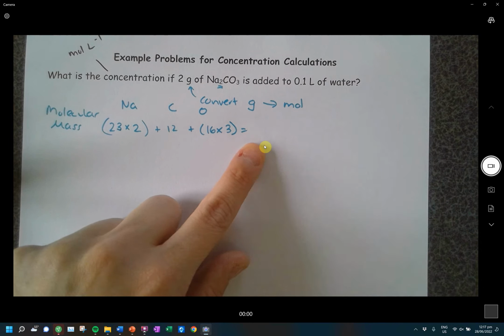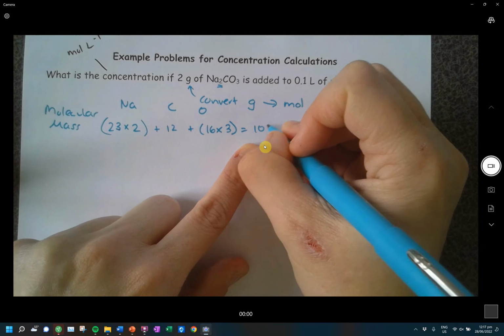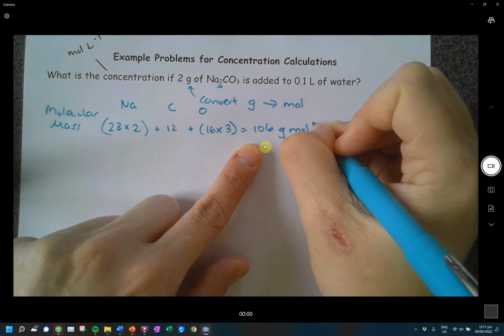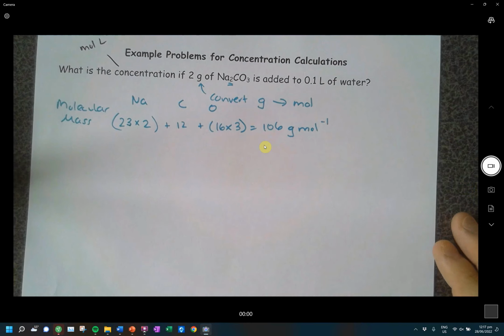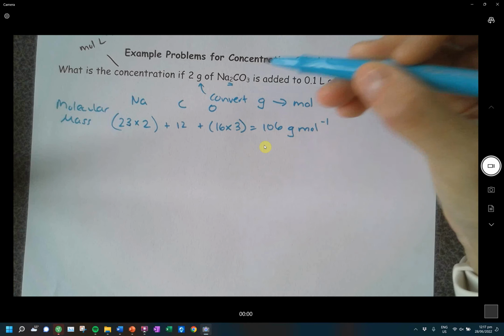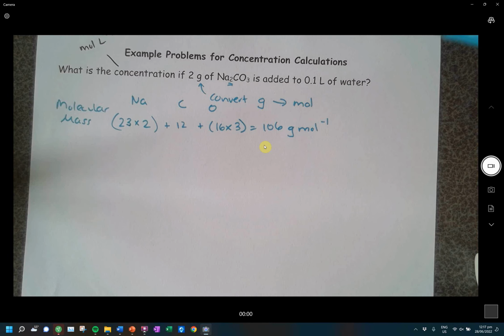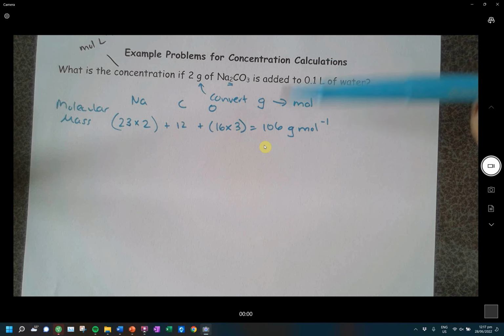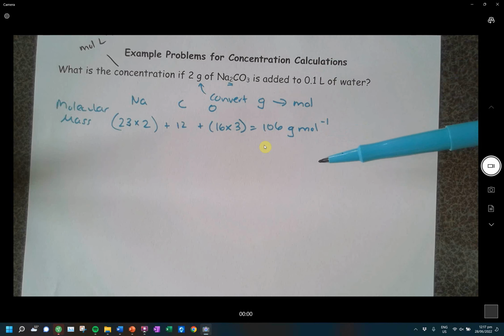My molecular mass is 106 grams per mole, because we're talking about molecular mass. Oxygen's right here. There's oxygen in the molecule, and I times it by 3, because it's 3 oxygens. So that's how I got this one. All right, keep going.